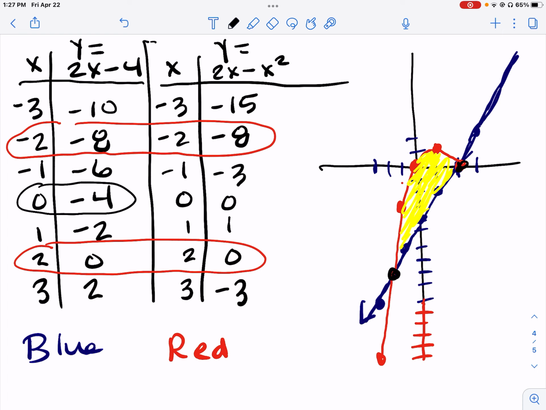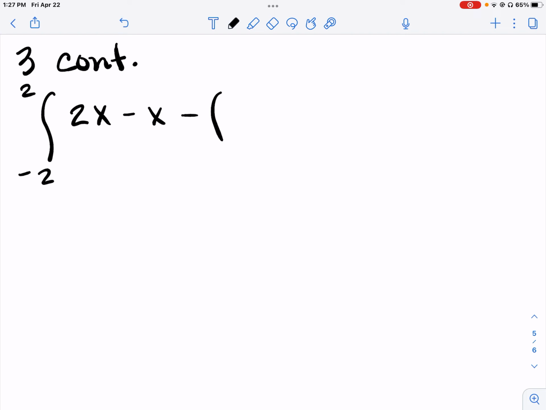Okay, so when we find the area below the parabola, we'll subtract the area that's below the line, and that will give us that area in between. Okay, so this is 3 continued. We're finding the area between -2 and 2. The parabola is higher than the line.